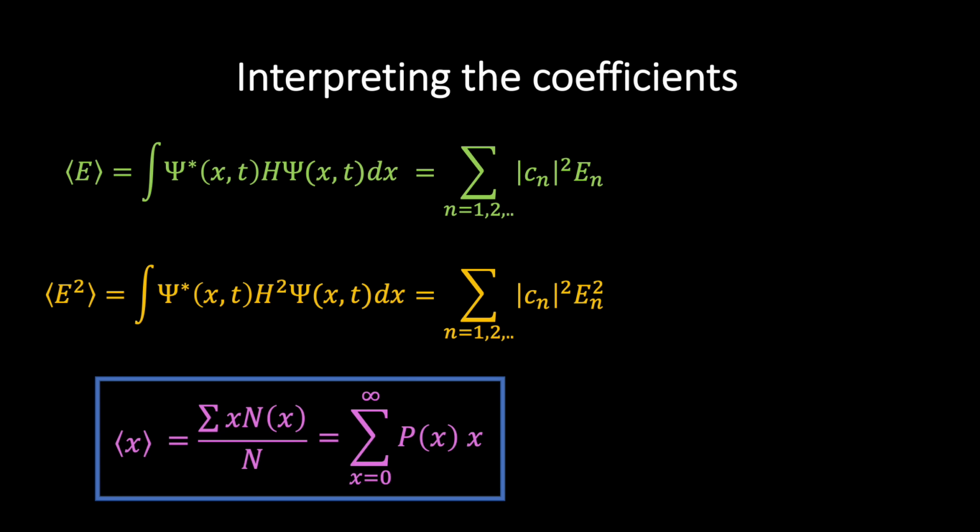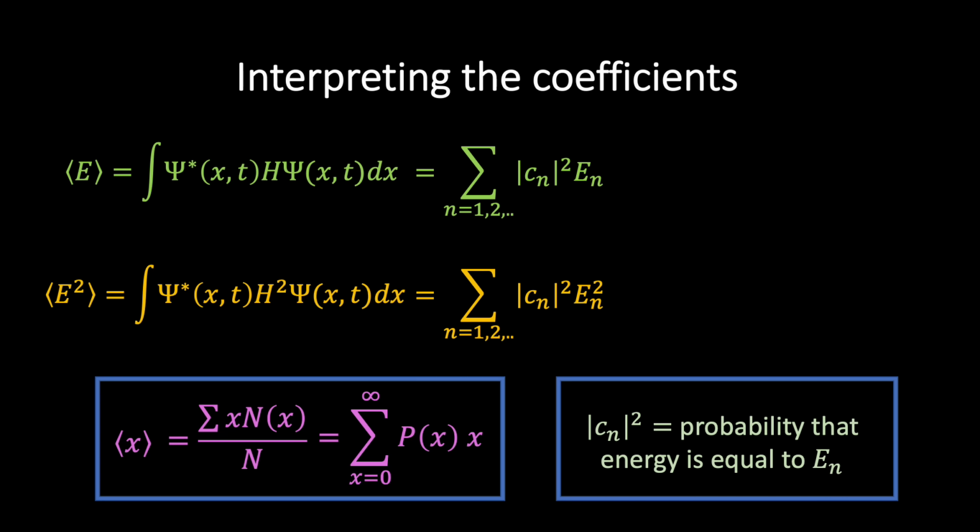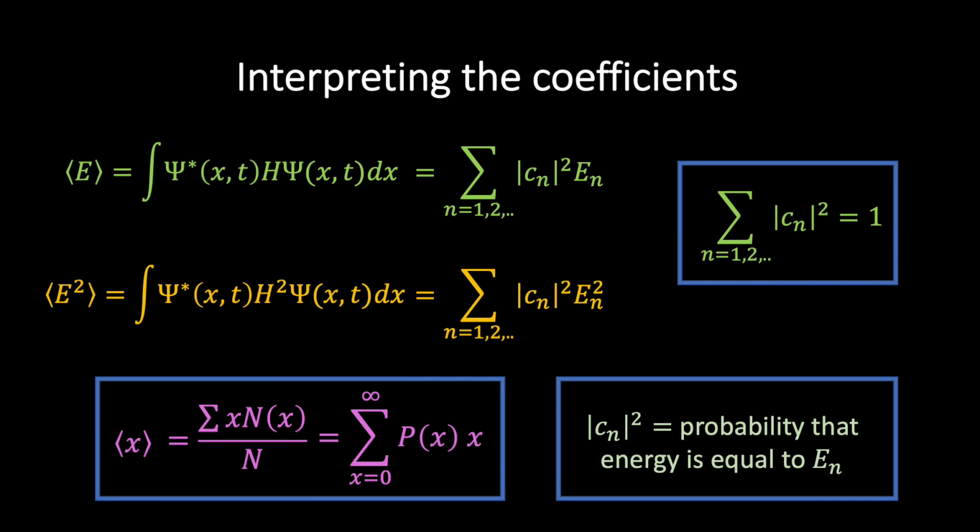And if we compare this with our expressions for the expectation values of the energy and energy squared, we see that for a given value of n, the modulus squared of the coefficient represents the probability that a measurement of the energy will return the value E subscript n. And this fits perfectly with the normalization condition that we found earlier, which said that the sum of the modulus squared of the coefficients must be equal to 1. This is simply the statement that the sum of the probabilities of measuring each energy state must be equal to 1.